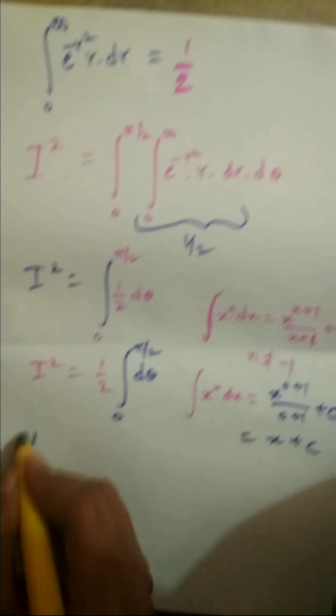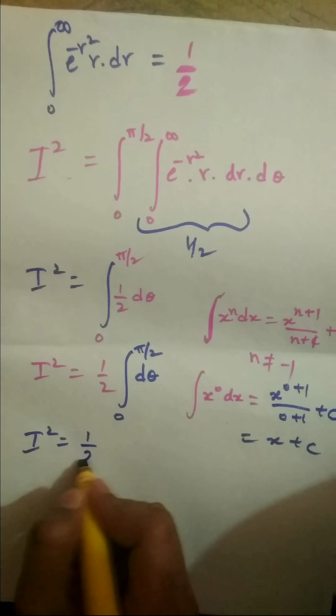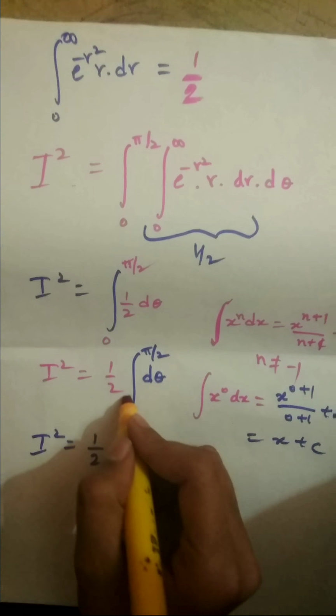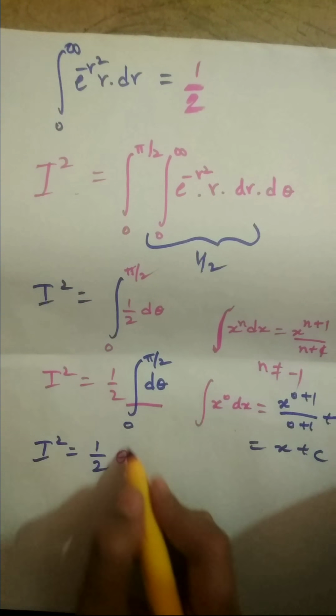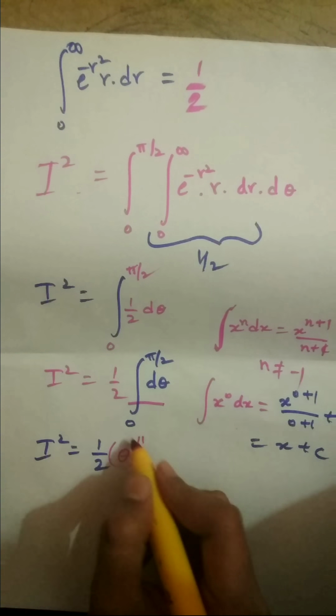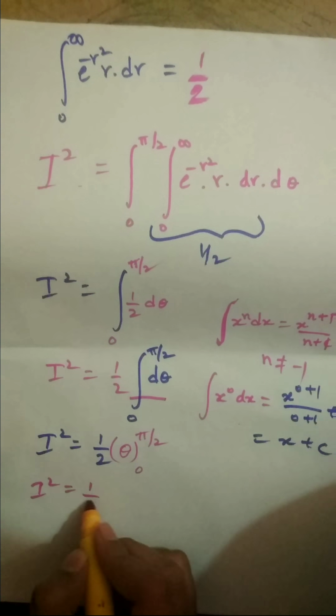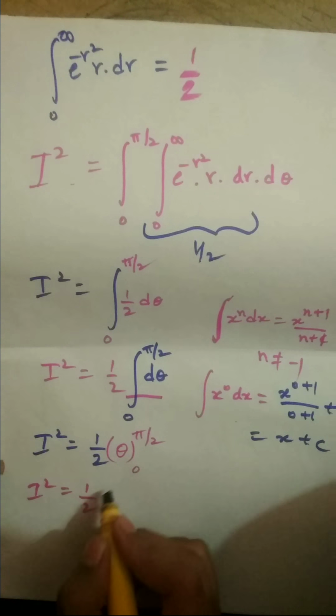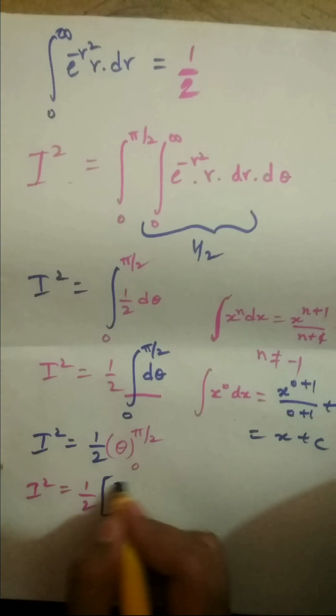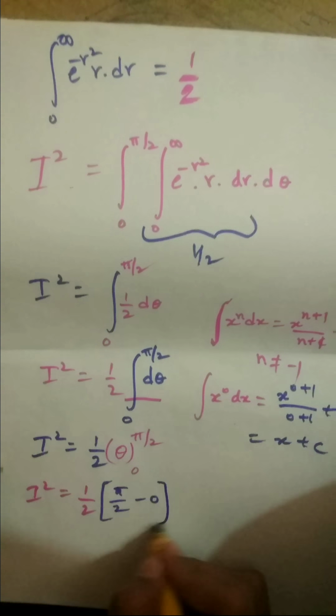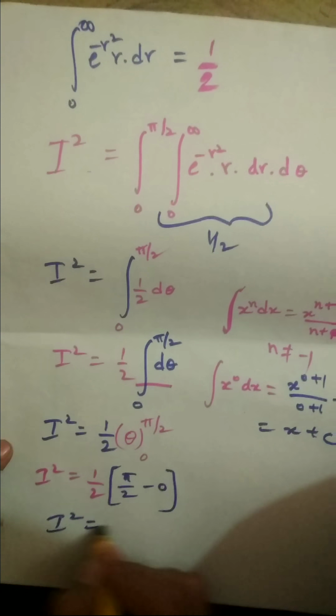Similarly, I square is equal to half into integral d theta is nothing but theta from 0 to pi by 2. That is I square is equal to half into pi by 2 minus 0, that is I square equal to pi by 4.